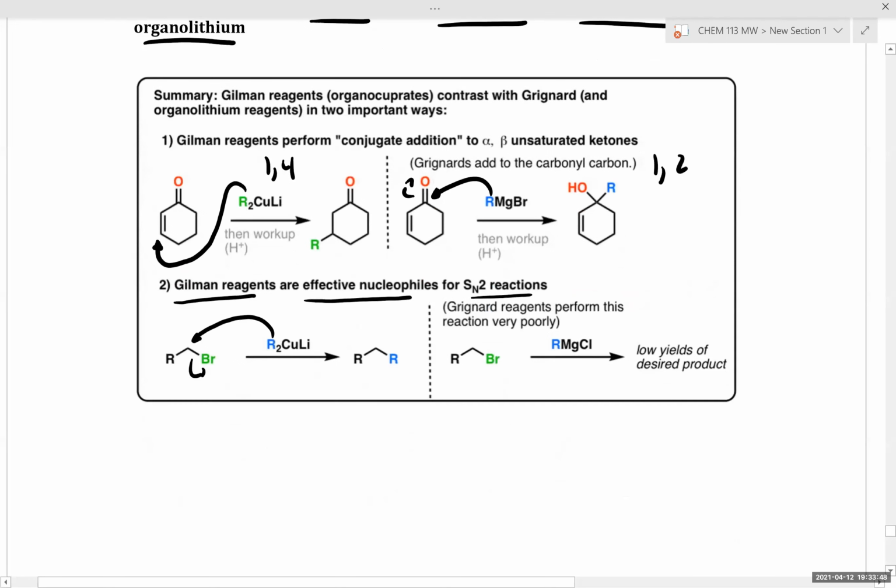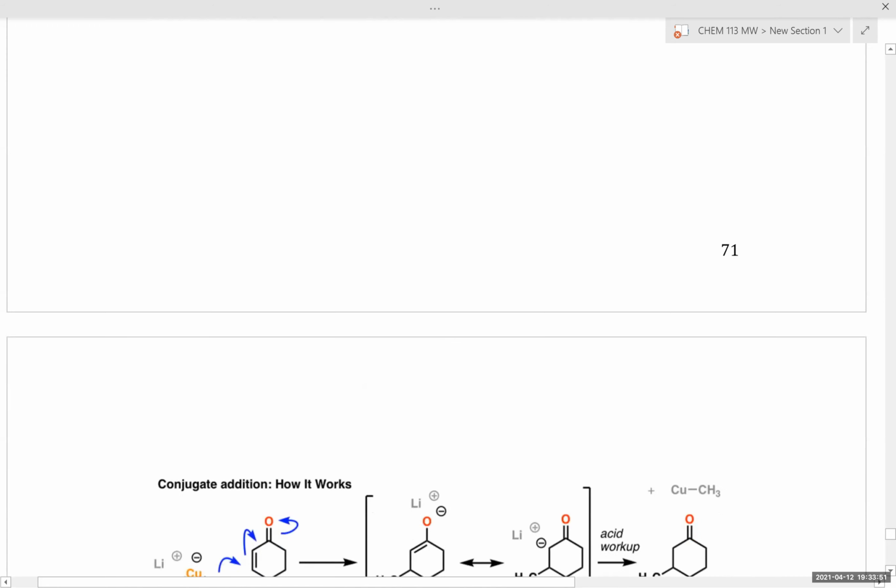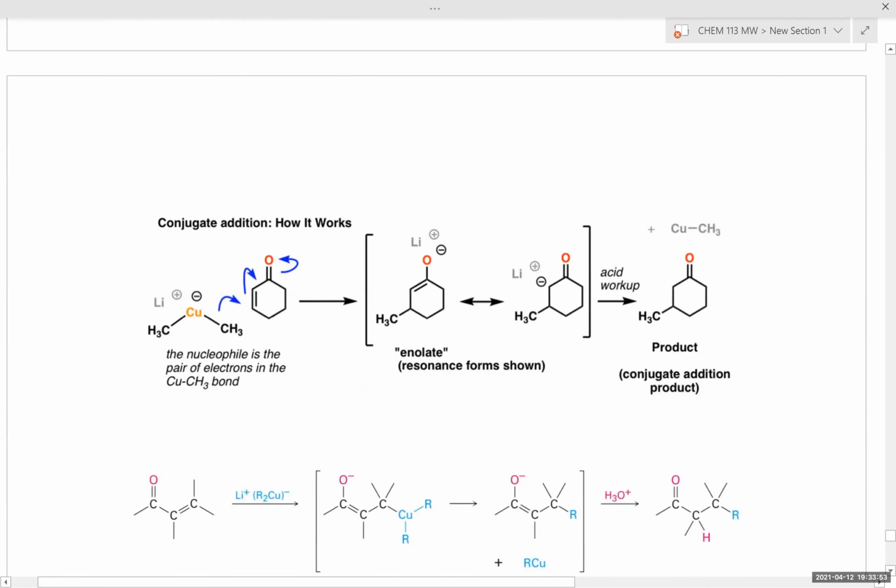Okay, so then let's keep going. Yes, Grignard reagents and organolithium reagents prefer to add 1,2, while Gilman reagents prefer to add 1,4. That is correct. So to provide you a mechanism, your Gilman reagent, which is a diorganocuprate species, can be thought of where the copper is our nucleophilic atom.